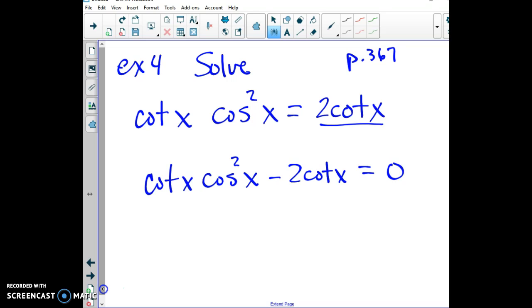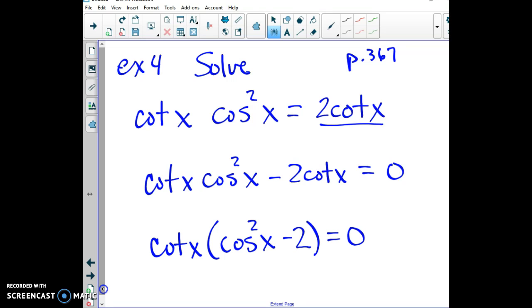And we can see that we can factor out cotangent x. Each term has a cotangent x, leaving cosine squared minus 2, and setting that equal to 0.